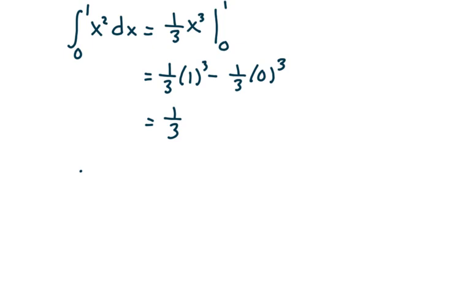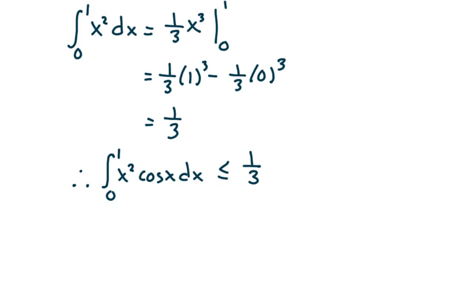Therefore, the integral from 0 to 1 of x squared cosine x dx is less than or equal to 1/3. And that's how we do problem number 27.